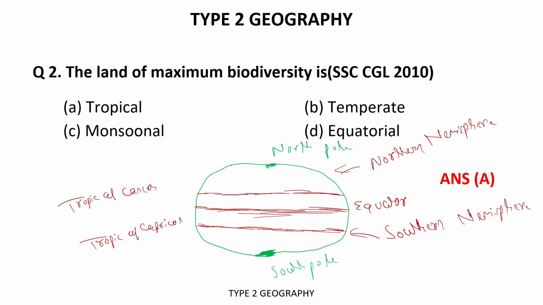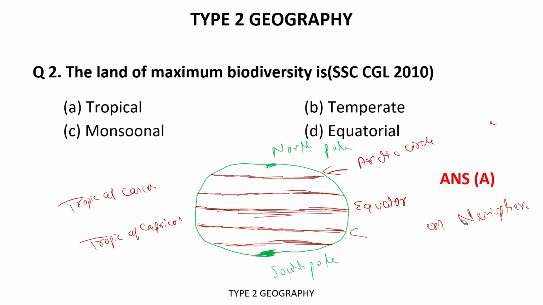Thereafter, another line passes above the Tropic of Cancer, and similarly another line passes below the Tropic of Capricorn. The upper line is known as the Arctic Circle, and the lower line is known as the Antarctic Circle.